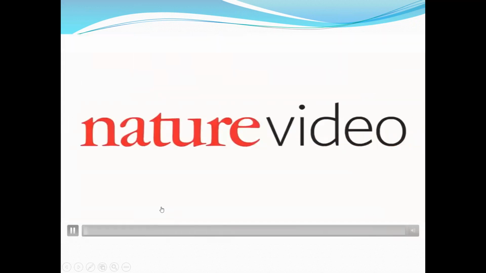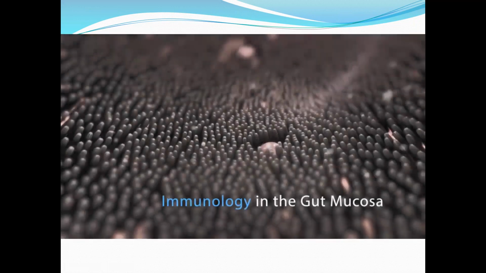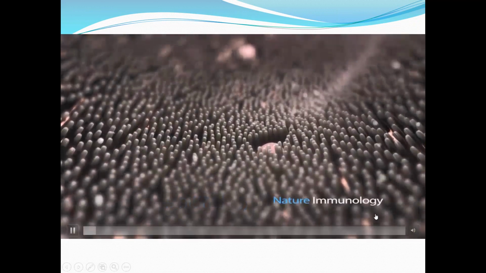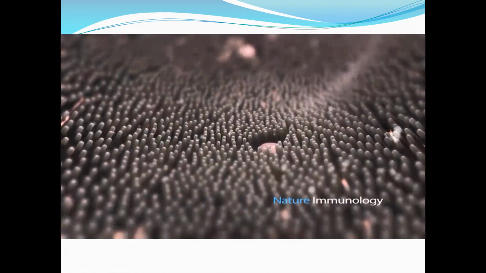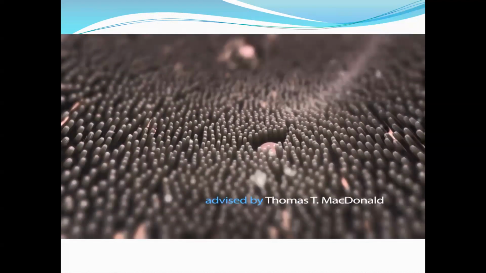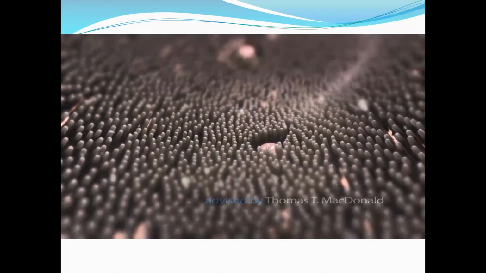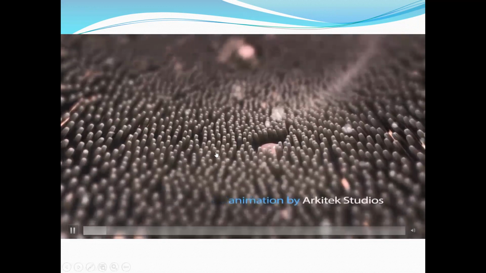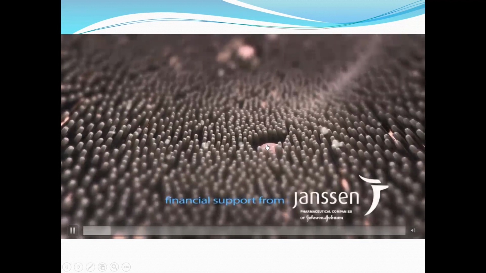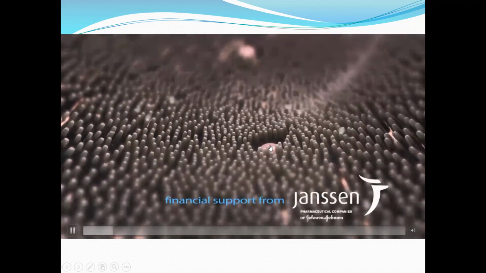So this video is just basically a summary of this whole gut immune system. There is a narration to this. You can watch it on your own computers. But basically, these are the enterocytes with all the villi, and these are Peyer's patches here. And these are all the antigens in the gut lumen.